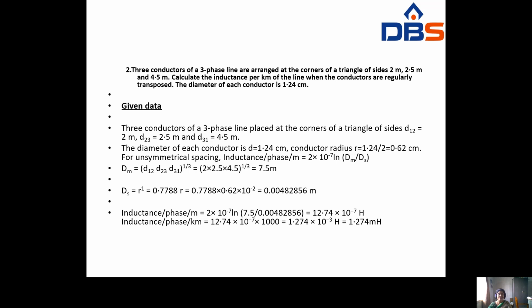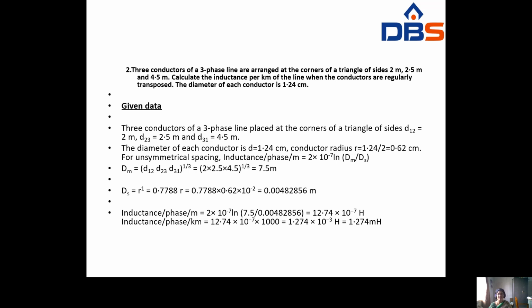Now we have to find the self GMD value. The formula is Ds equal to r dash equal to 0.7788 r, where r is 0.62 centimeters.